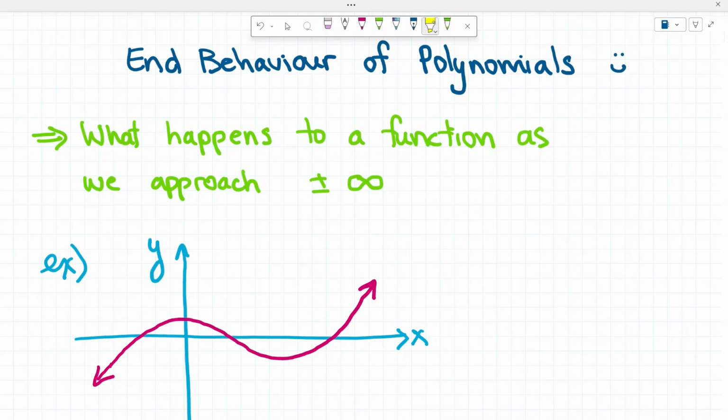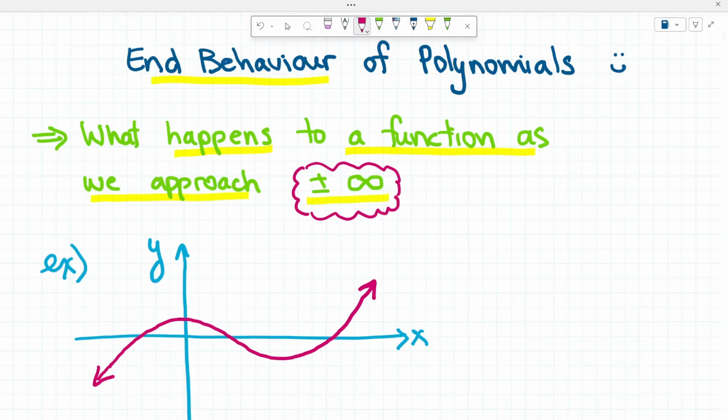So first of all, what is end behavior? Essentially, end behavior is what happens to a function as we approach plus or minus infinity. So let's just take a second and appreciate what infinity means here. Infinity is not a number. It's actually a concept.